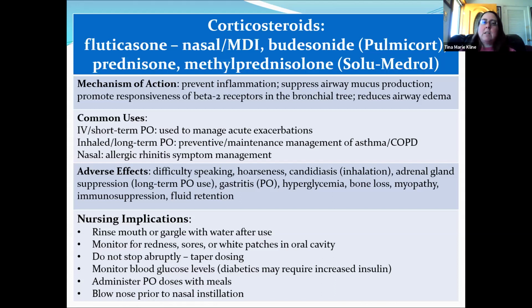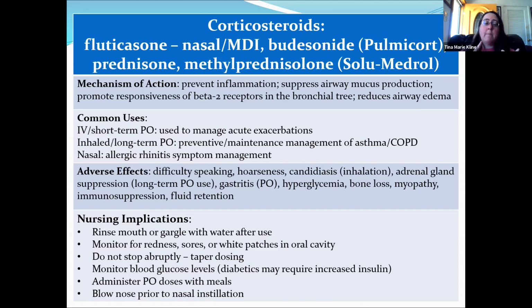So getting back to the corticosteroids, let's talk about nasal first, okay? Remember I was mentioning the decongestants before? In the same way, you can have inhaled or nasal corticosteroids that are very localized to the nose.